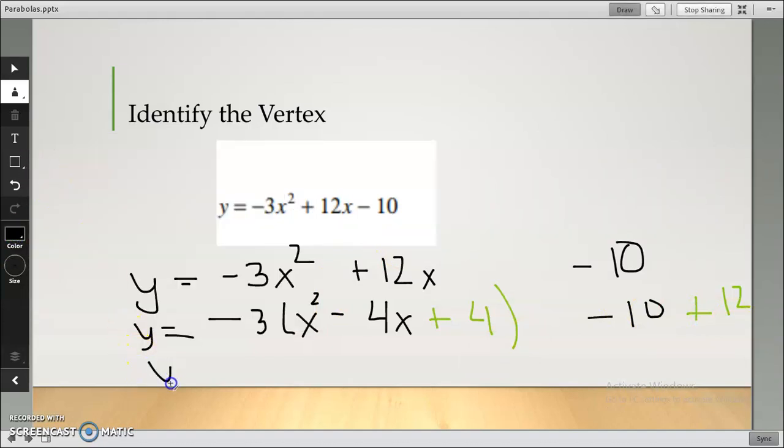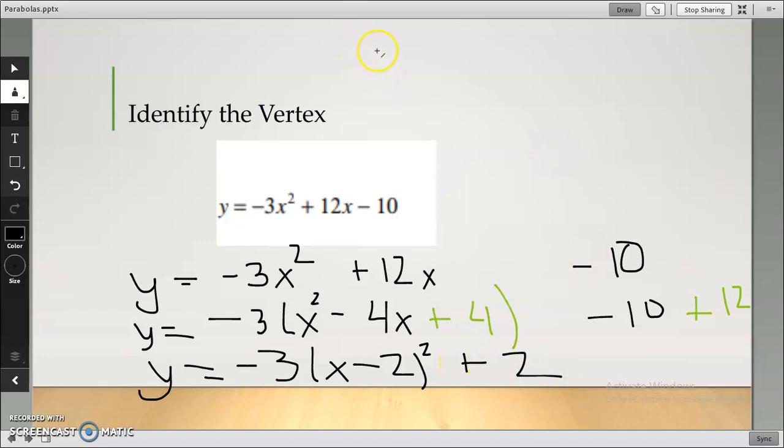So now I have y equals negative 3 times (x minus 2) squared, and all I'm really doing is taking the square root of this last term. Then negative 10 plus 12 is plus 2.